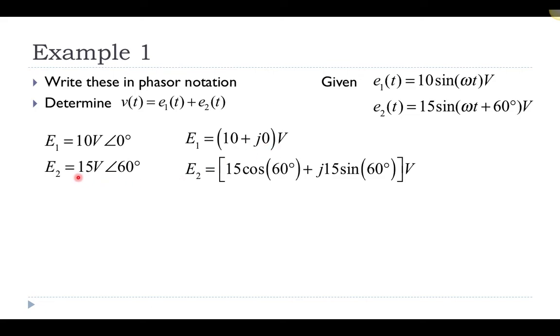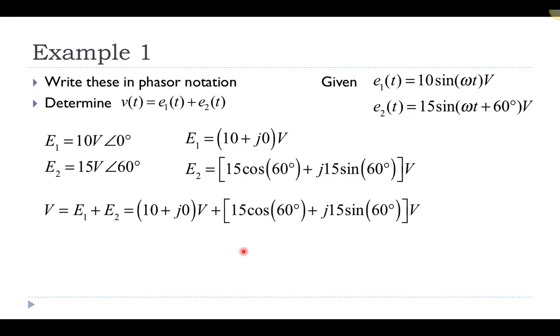I can do the same thing for the second one. So 15 times cosine of 60 would be the real part, and 15 times sine of 60 would be the imaginary part. So what I'm doing is taking these sinusoidal varying functions in phasor notation and treating them like complex numbers.